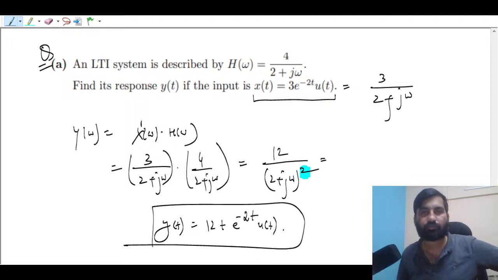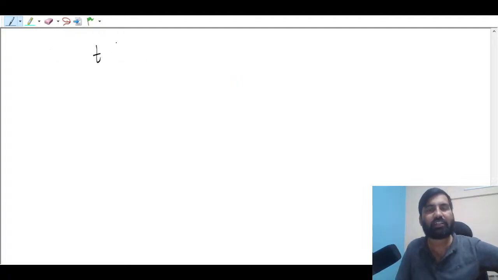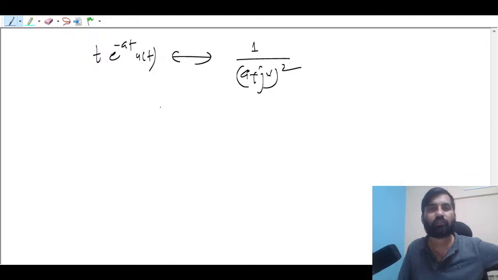If you have attended this, you can identify, right? I have told you all the concepts. I had told you that t e raised to the power minus a t u of t has the Fourier transform 1 by (a plus j omega) whole squared. Now suppose here there is t to the power n.